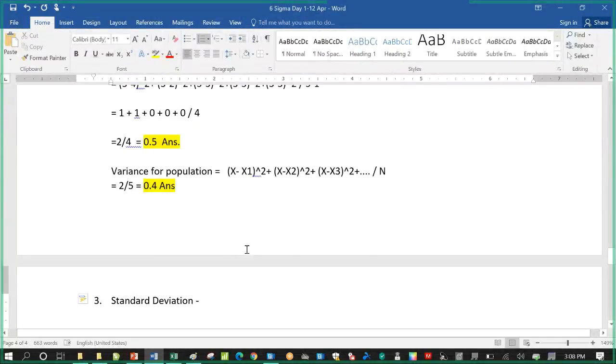In any data, we have two problems. One is called centering, and the second can be a variation related problem.